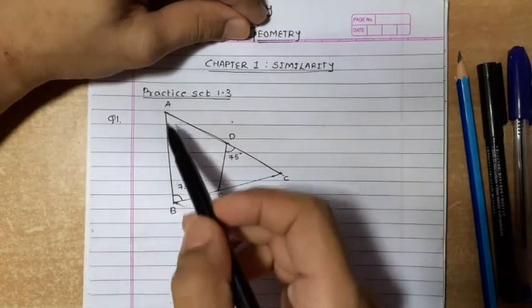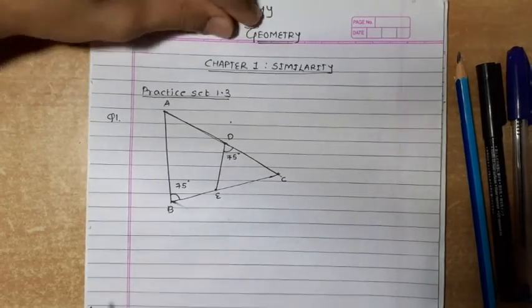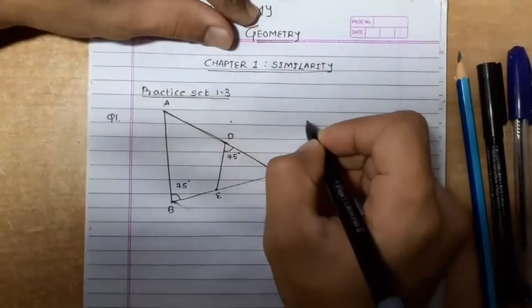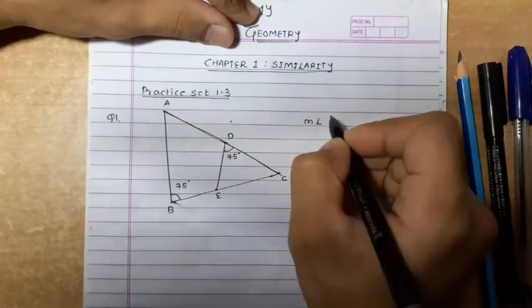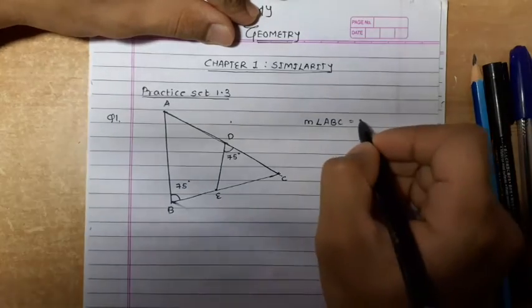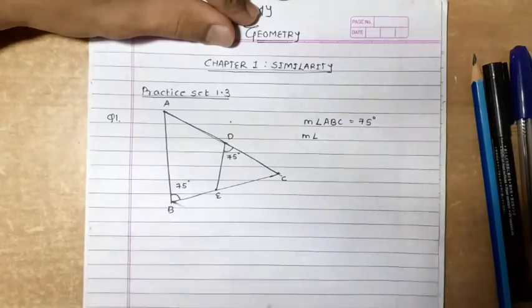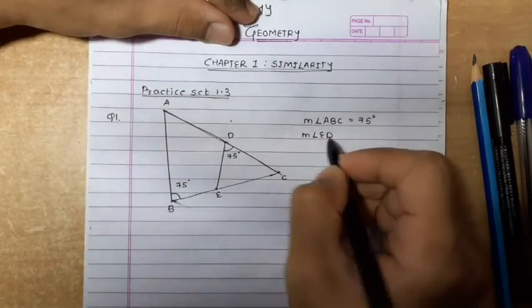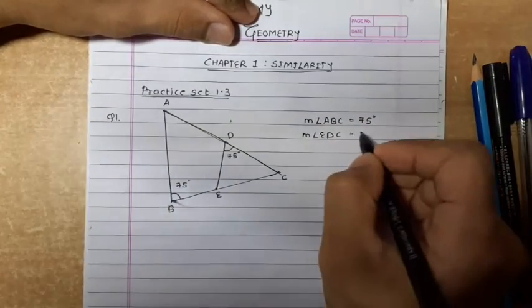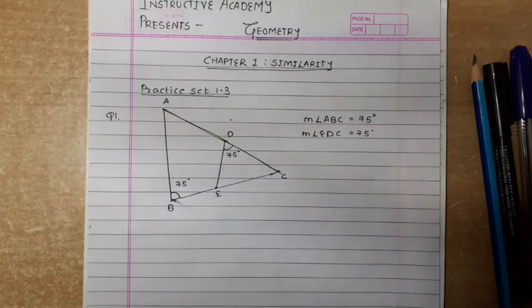it says that we have a triangle ABC and triangle DEC, where measure of angle ABC is equal to 75 degrees and measure of angle EDC is equal to 75 degrees.